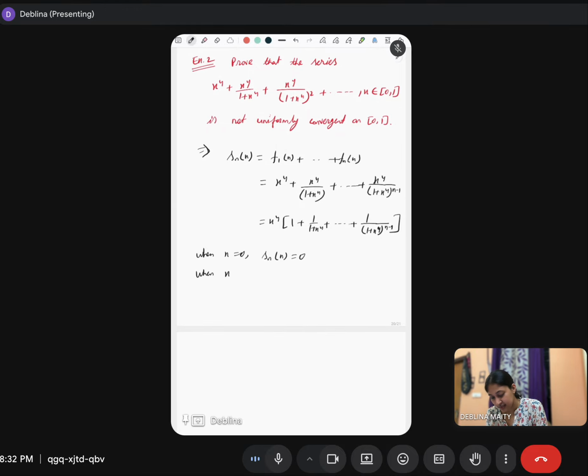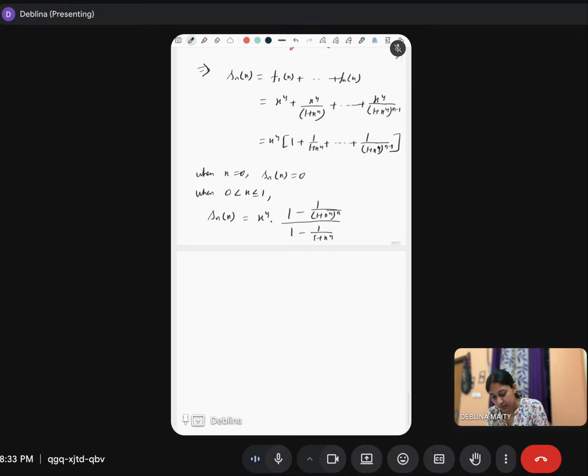And when x is non-zero, that means x lies between 0 and 1, then our S_n(x) equals x to the power 4 into this sum, which will be 1 minus a power of 1 by (1 plus x to the power 4), and the denominator will be 1 minus that ratio, right?